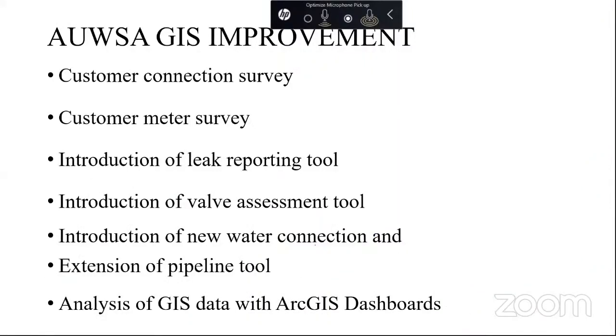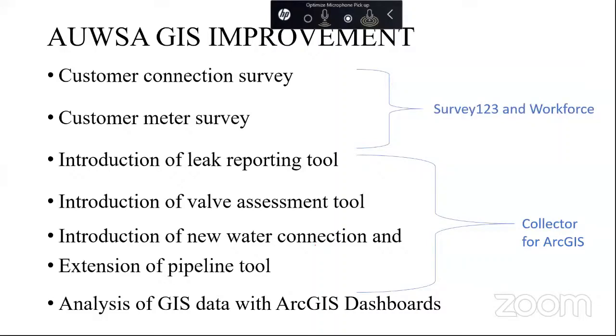We started with a customer and meter survey, which we did specifically for those customers who were still on new connection status. We did the survey using Survey123 and in collaboration with Workforce. Also, we introduced the leak reporting tool as well as a valve assessment tool.